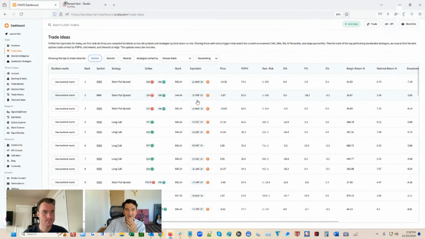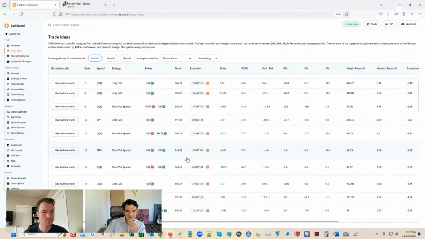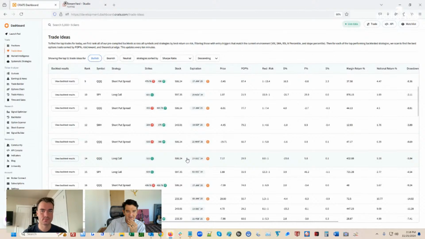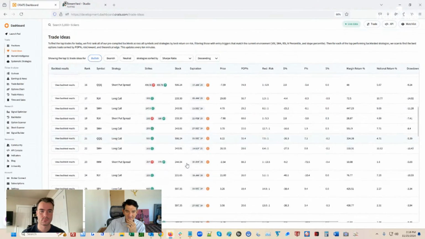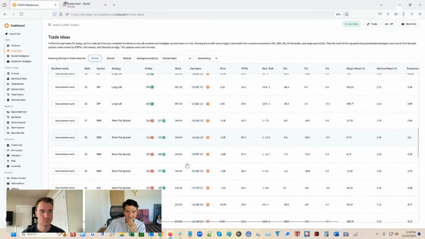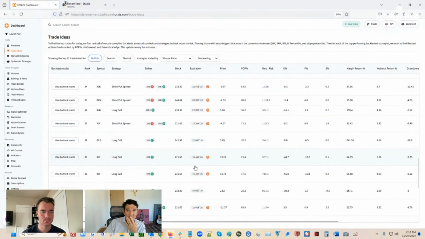Feb is pretty far. Let's see if we could find any short put spreads that don't have that many DTEs. January might be our best bet so far. Yeah, so here's a D.